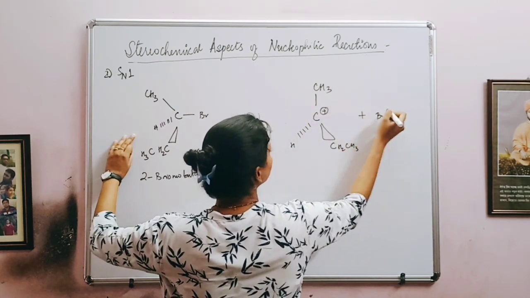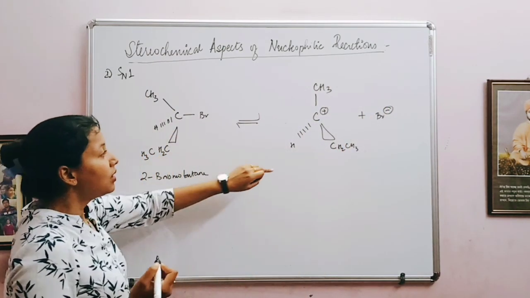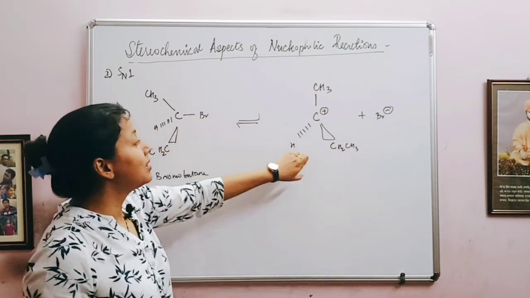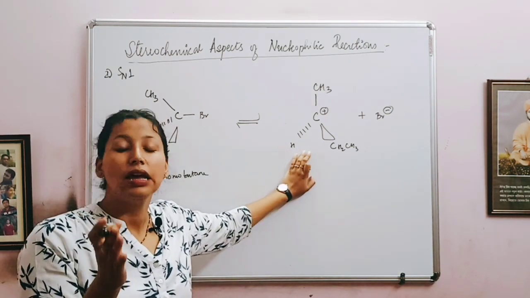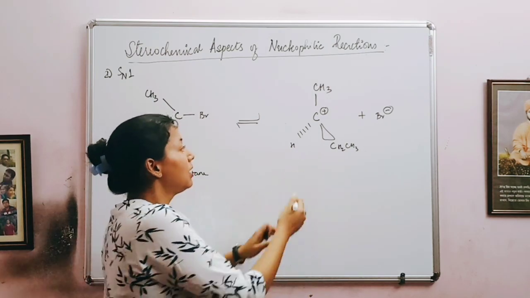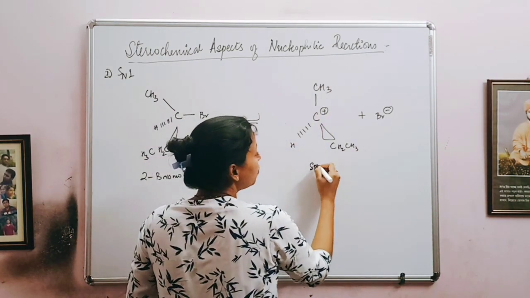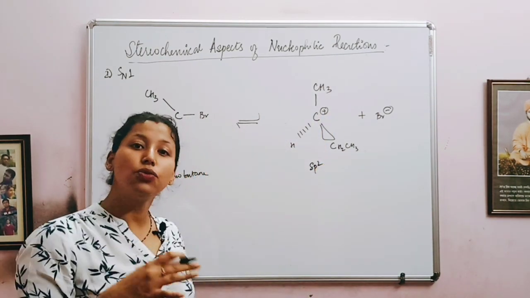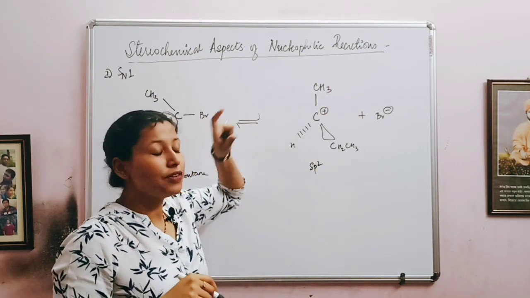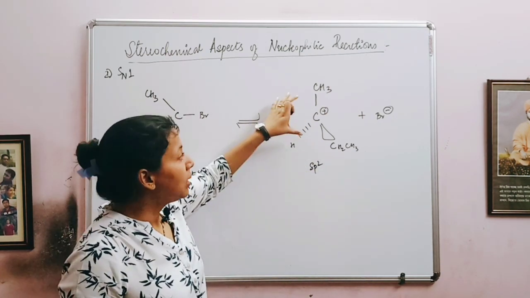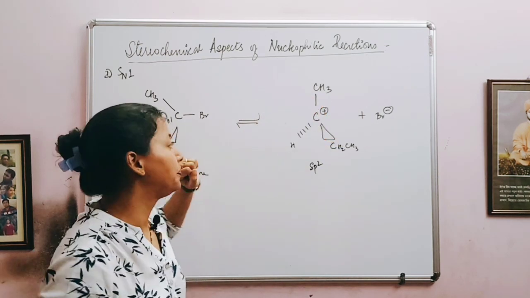This is my plus sign and this is my minus sign. Now, you all must have studied in class 11 that carbocations are sp2 hybridized, and sp2 hybridization is trigonal planar in shape. So this is very, very important that you must remember.